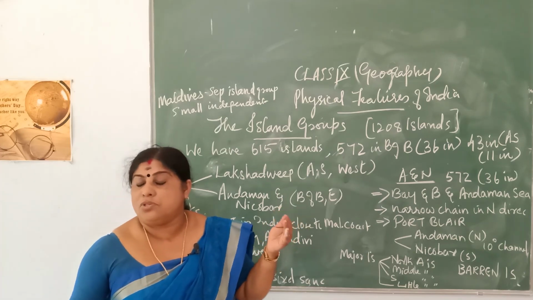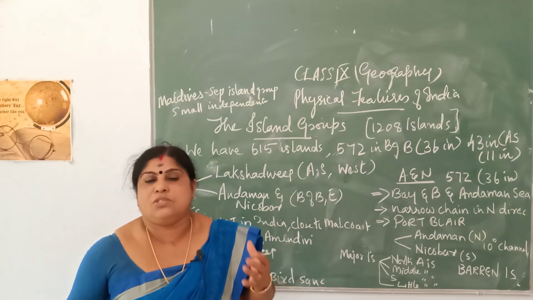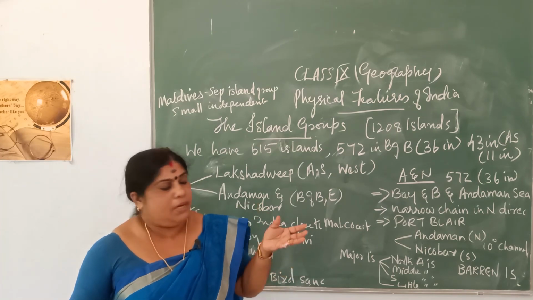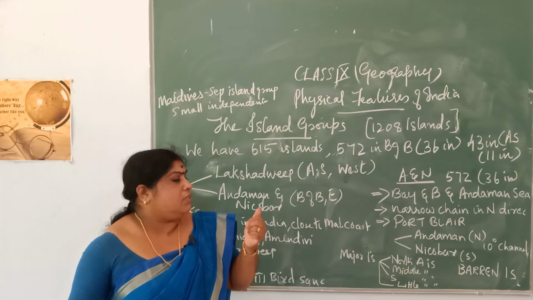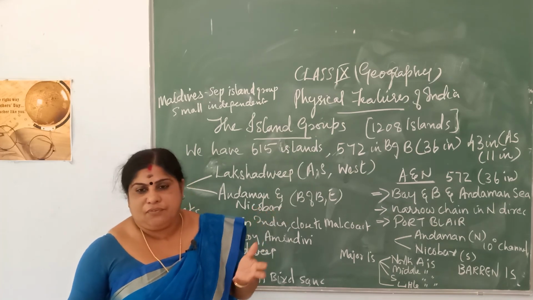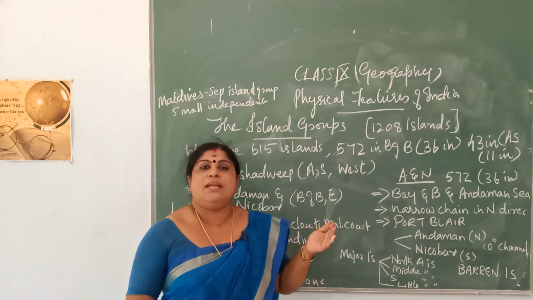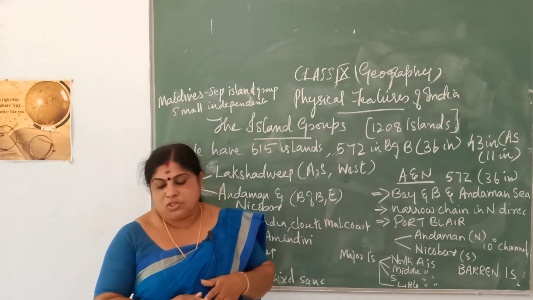Coconut is most popularly grown here, and coconut industries are also found here. As I already told, it is a thickly forested area, so you can find dense tropical forest as well as mangrove forest near the coastal areas.